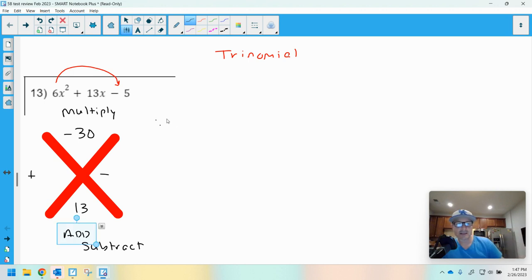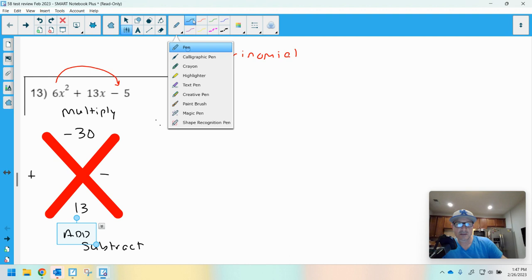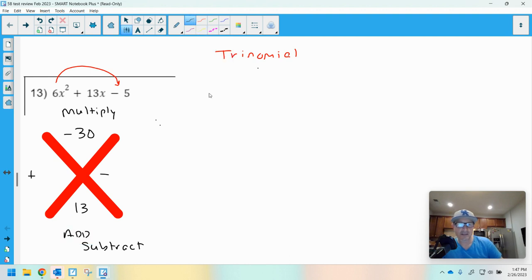So let's take the factors. We'll take the factors of 30 and we'll see which 2 numbers multiply to 30, but then subtract to give you 13. So all the factors of 30. Let's start with 1. 1 and 30. Let's take 30 minus 1. Does that equal 13? No, it does not.